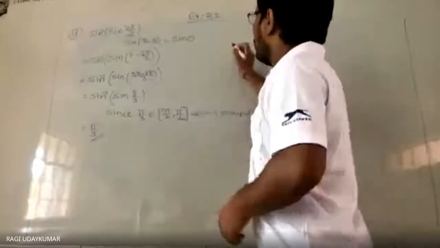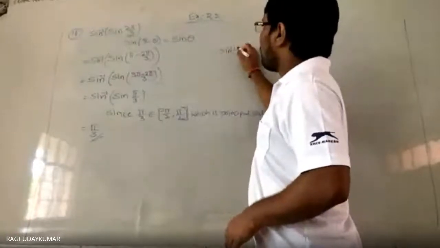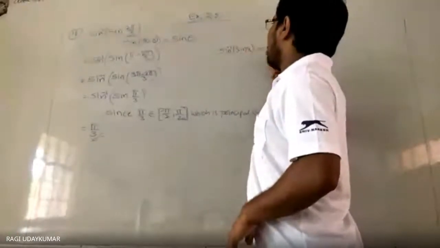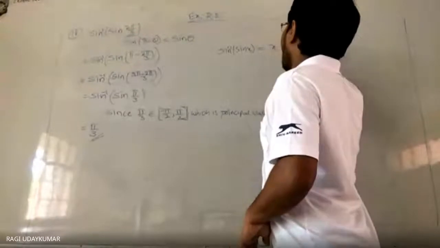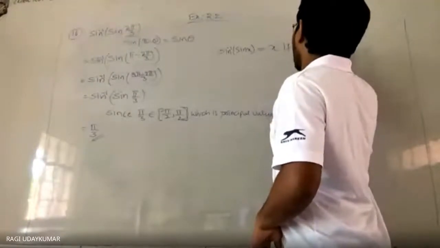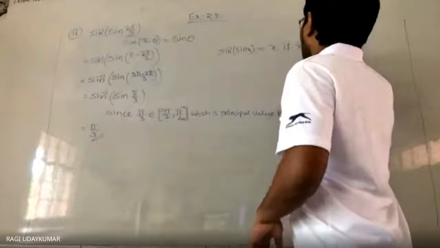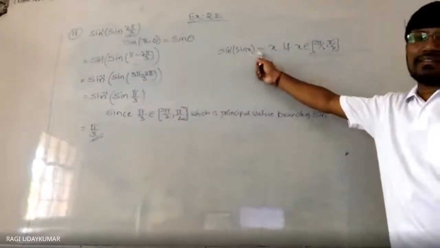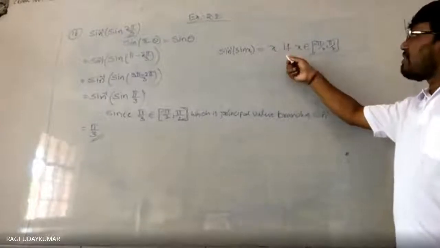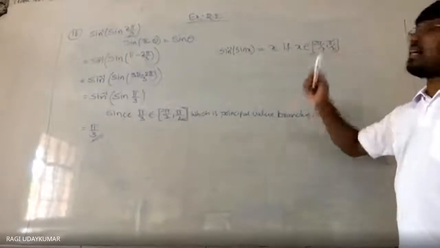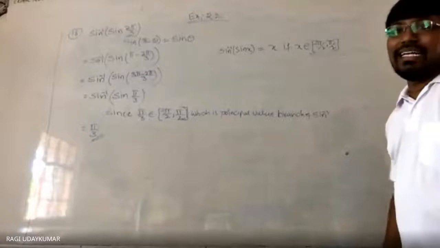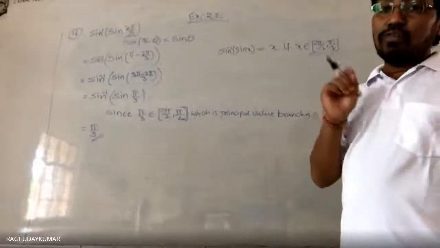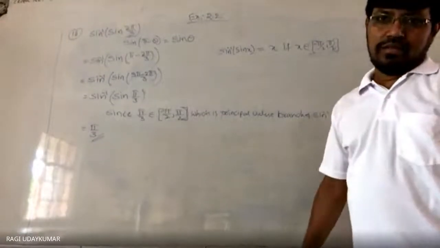Do remember, sin inverse of sin x is equal to x if x belongs to minus π/2 to plus π/2. This is the main thing you need to remember, because this interval is the principal value branch of sin inverse.